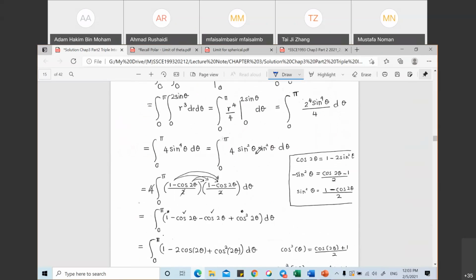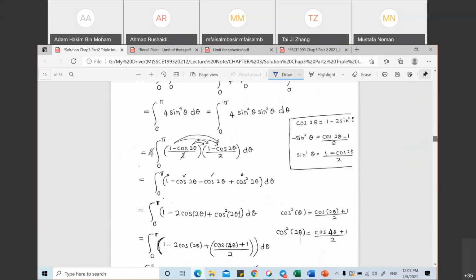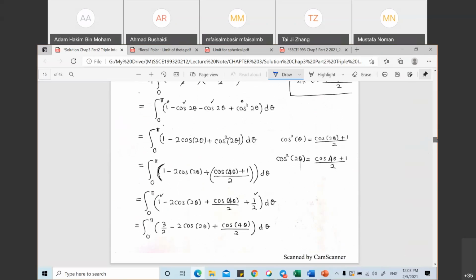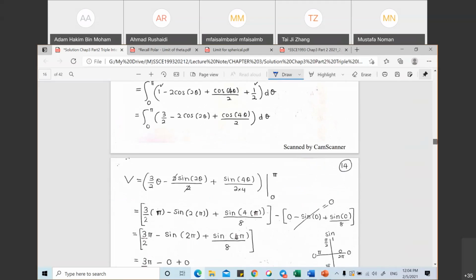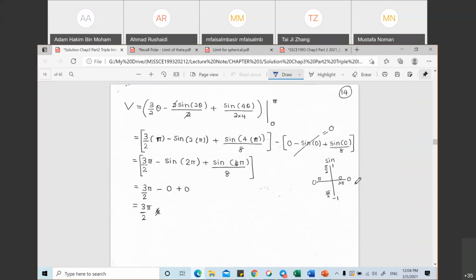You cannot integrate sine squared directly, so you have to refer back to what you learned in Engineering Mathematics 1. Remember this, cos of sine 0 will be 0.